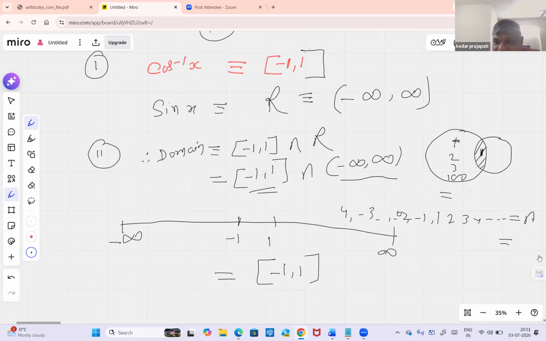And in another set B, you have only -1 and 1. So -1 is in both, and 1 is in both. So only these are common. The rest are not common.